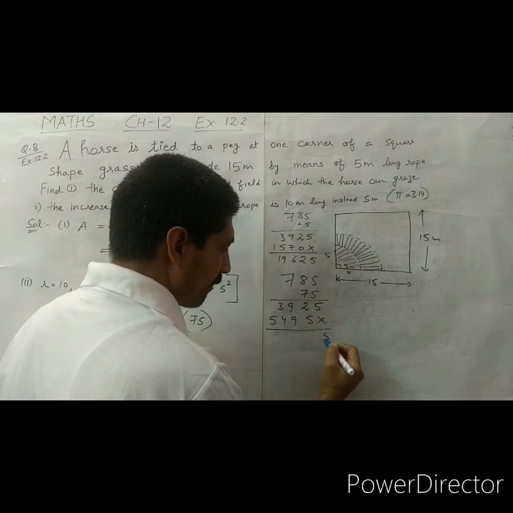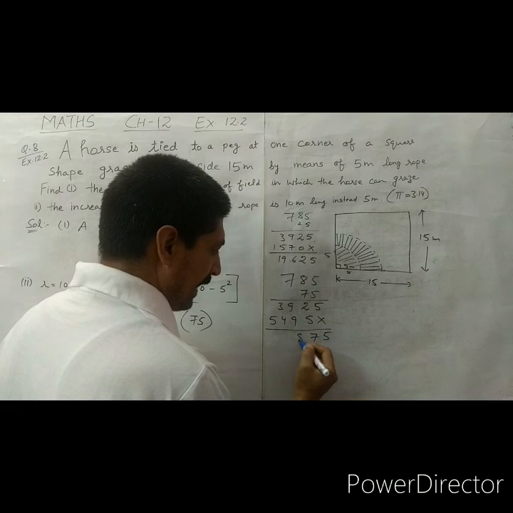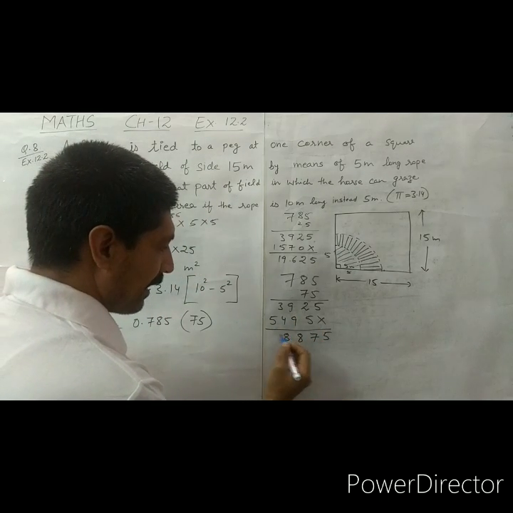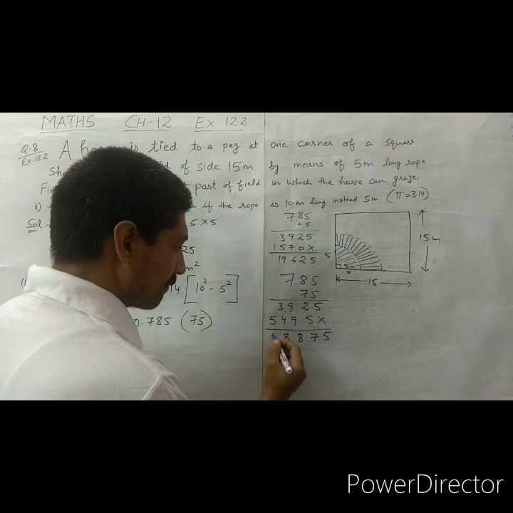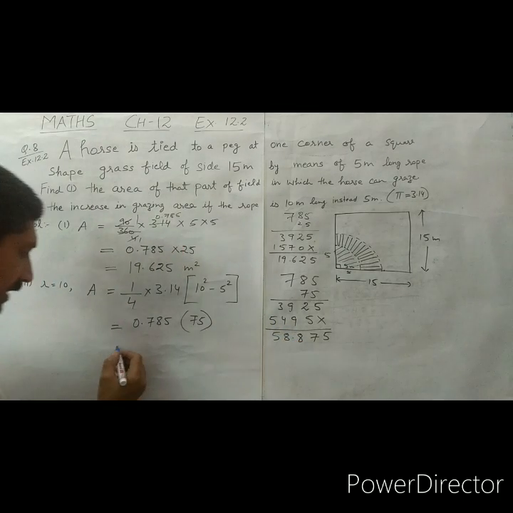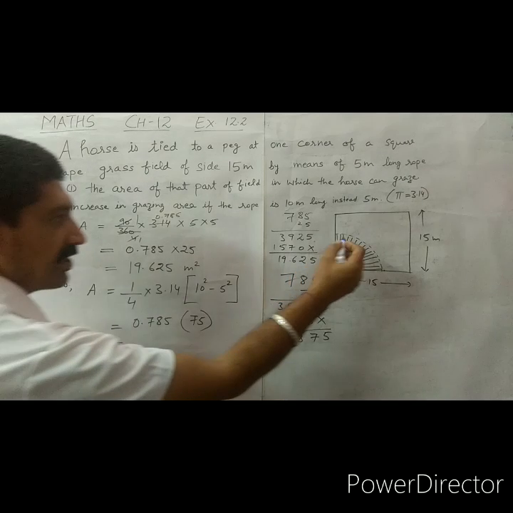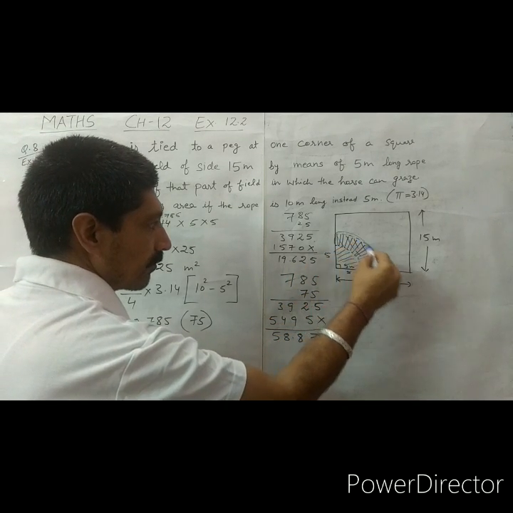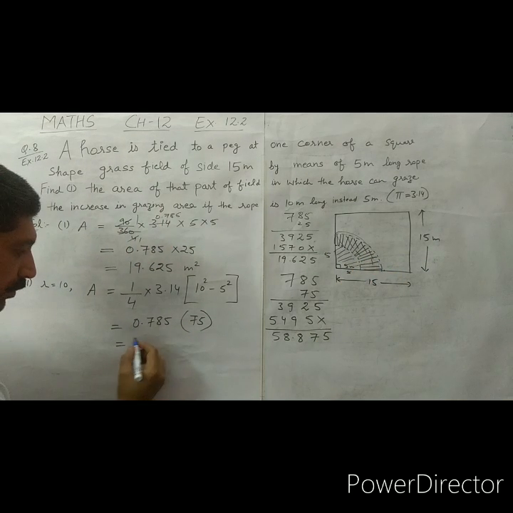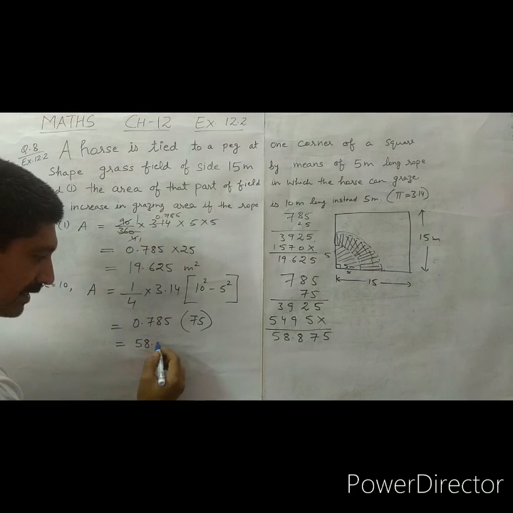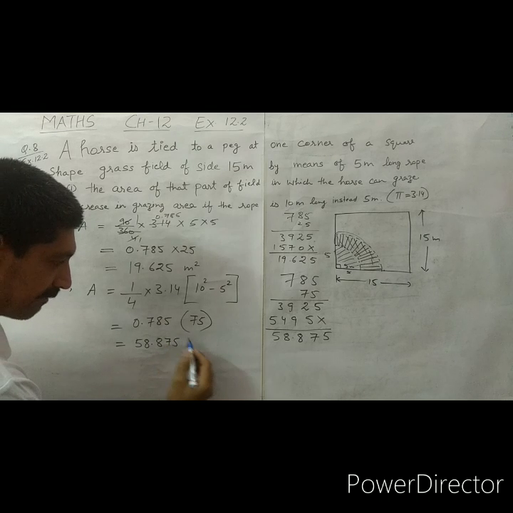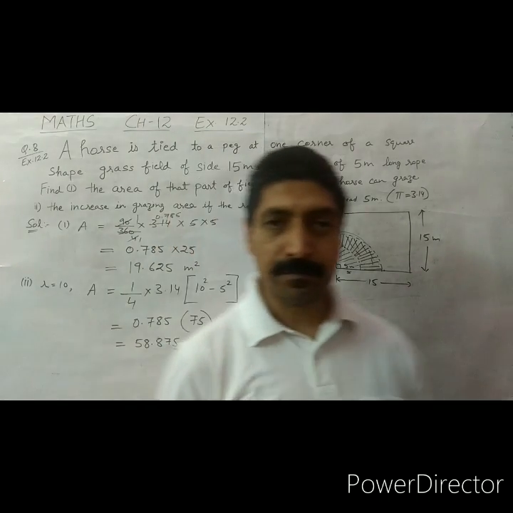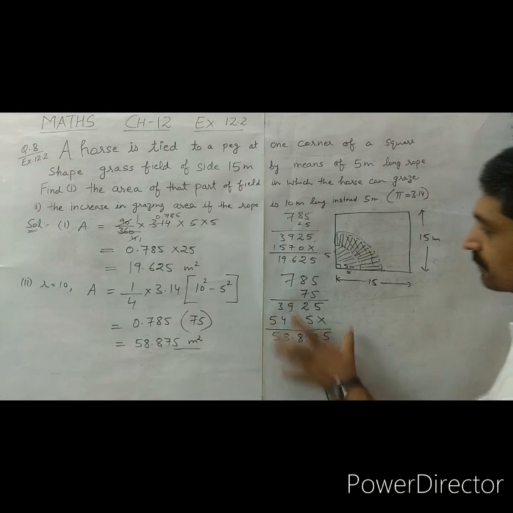So we have the increase in grazing area, this shaded portion here, equal to 58.875 meter square.